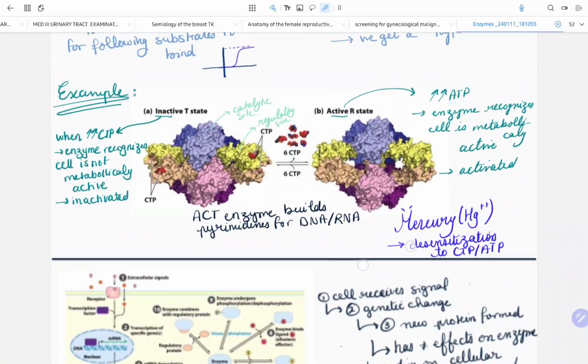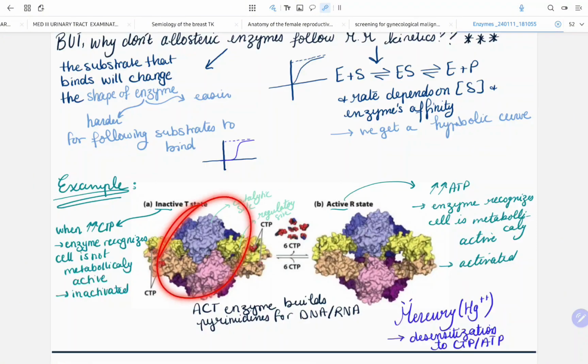So this is an example. This enzyme is called aspartate transcarbamoylase. This enzyme exists in an inactive and an active state based on the presence or absence of ATP and CTP. The exact function of this enzyme is building pyrimidines. What are pyrimidines?